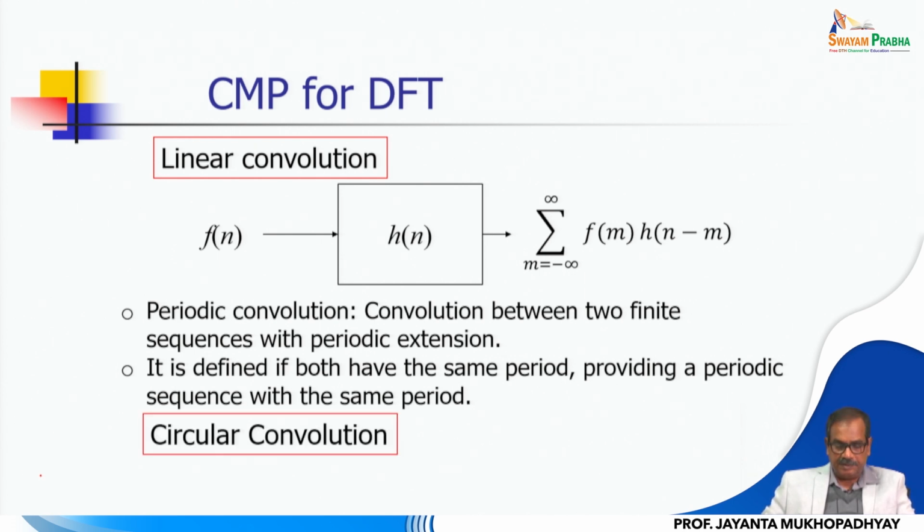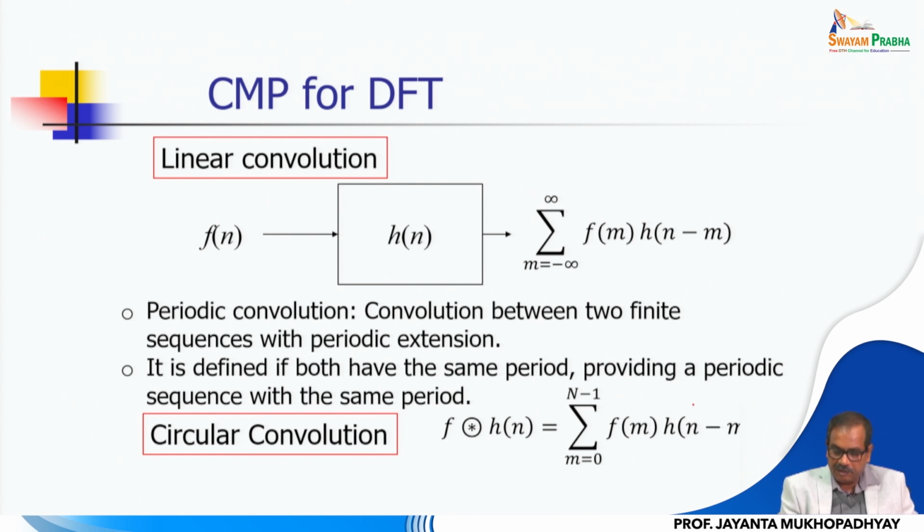The expression would be, as I was mentioning, the same expression, but I will be computing only for n points of output, with n varying from 0 to n minus 1, because they are of the same period, and it is the same linear convolution expression that I am expressing here.